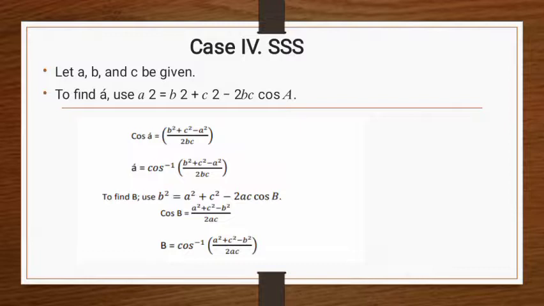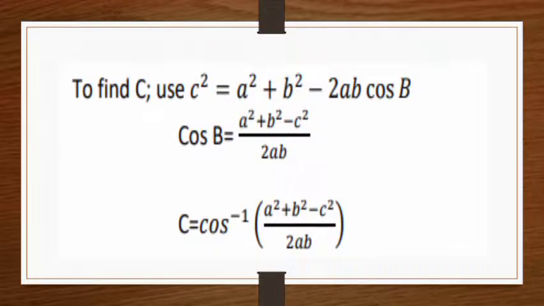B equals cos inverse of A squared plus C squared minus B squared over 2AC. To find C, use C squared equals A squared plus B squared minus 2AB cos C. Cos C equals A squared plus B squared minus C squared over 2AB. C equals cos inverse of A squared plus B squared minus C squared over 2AB.